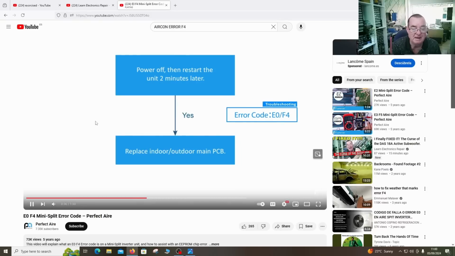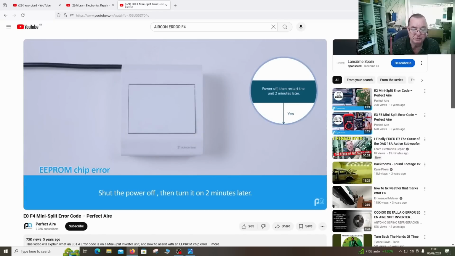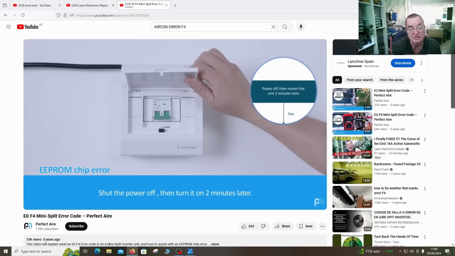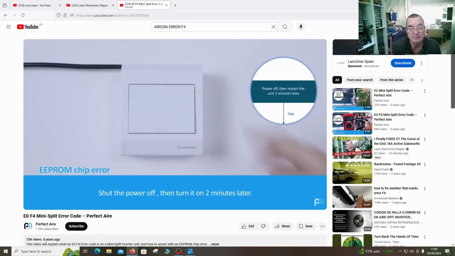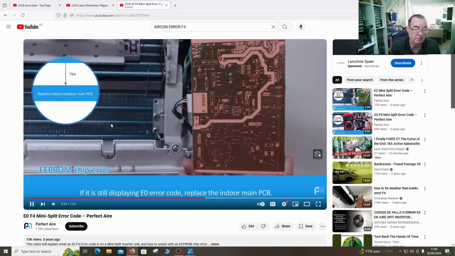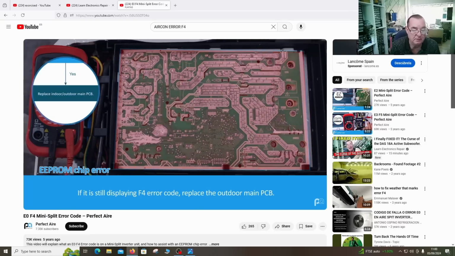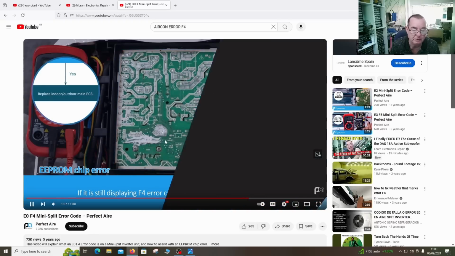So it then tells us how to fix it, which is switch it off and switch it back on again. And then the same with the remote control. If it is still displaying E0 error code, replace the indoor main PCB. If it is still displaying F4 error code, replace the outdoor main PCB.